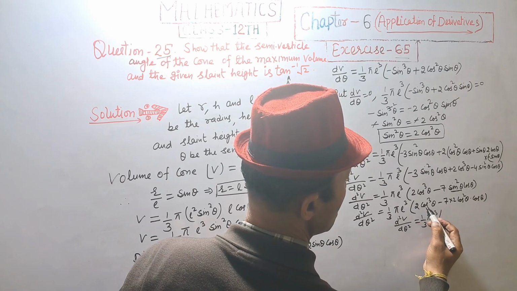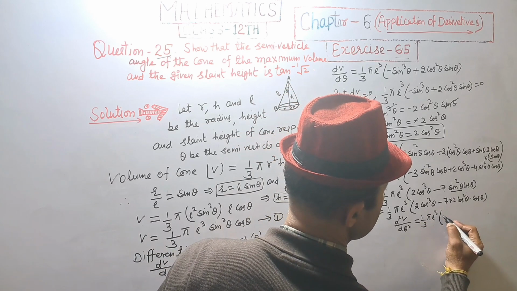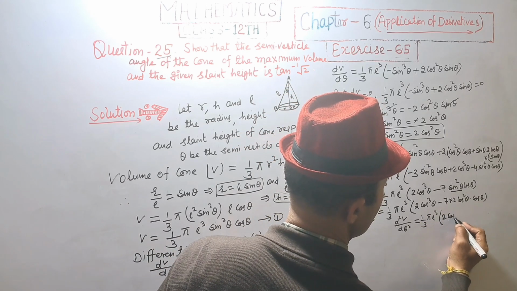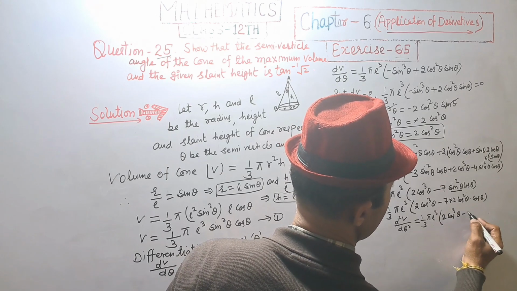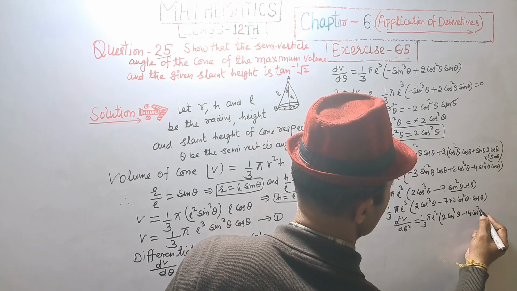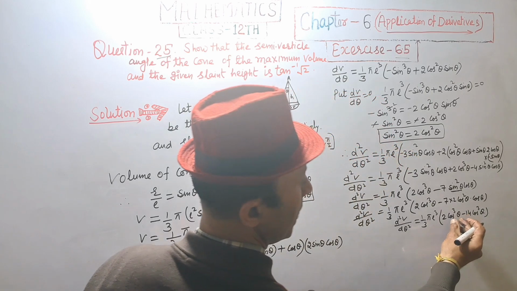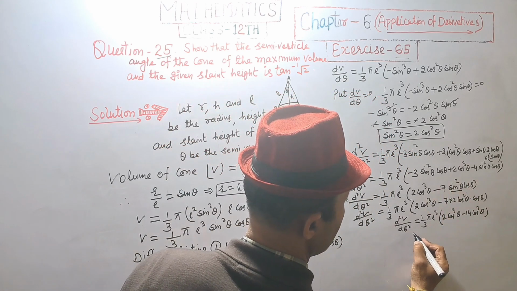So 2 cos cube theta minus 14 cos cube theta is equal to minus 12 cos cube theta.